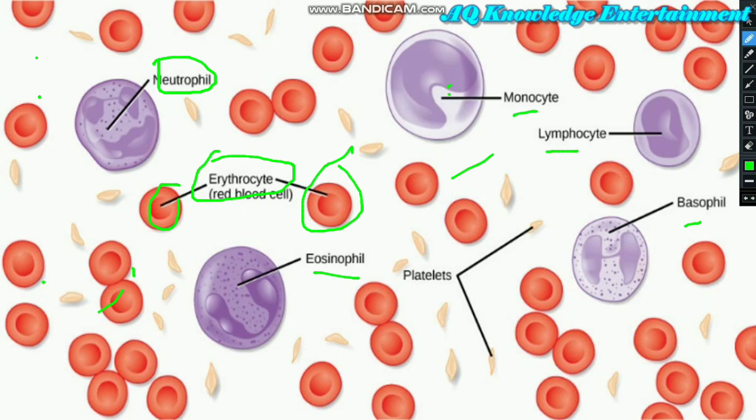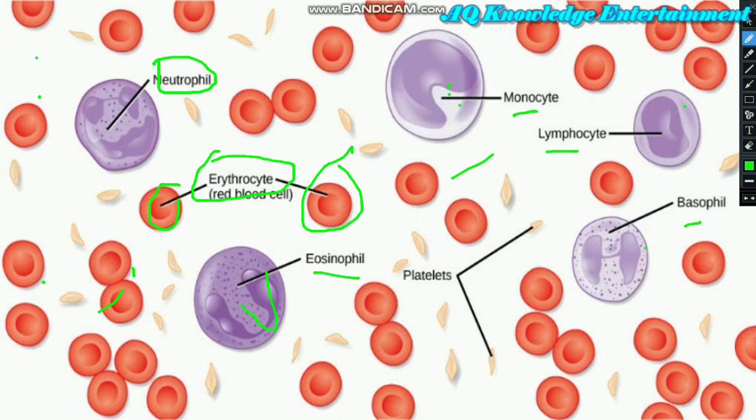So see, lymphocyte has a large nucleus, monocytes right here, bean-shaped nucleus, basophils, that's S-shaped, as I said earlier, not exactly S, so it may differ from cell to cell. And the eosinophils, two loop nucleus.